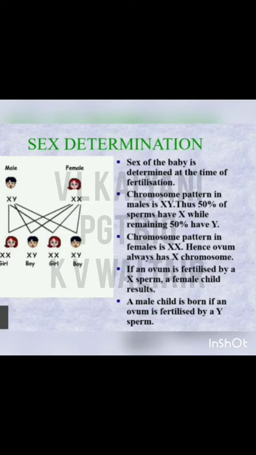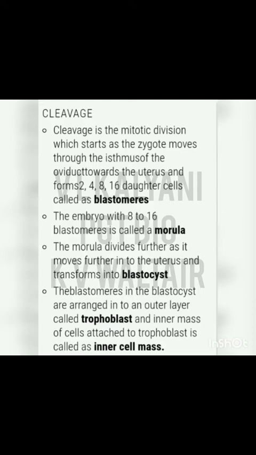Whereas the father produces anisogametes or heterogametes. That is, one will be carrying the X chromosome and the other will be carrying the Y chromosome. That is why the father is actually responsible for the sex of the child, not the mother.